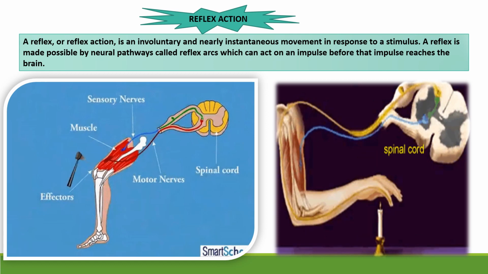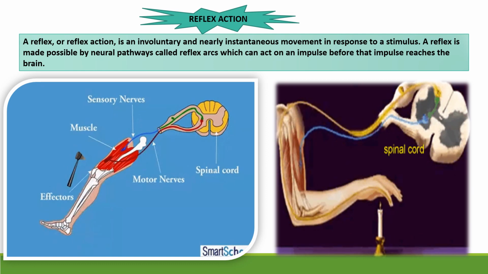This is the spinal cord. Through sensory nerves this excitement is moving and through motor nerves the response is coming. Now next one, hot object and our hand. See here also same thing.